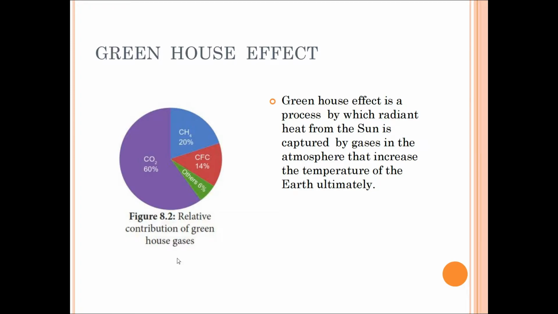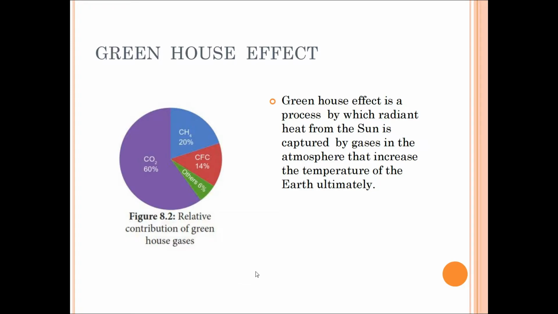All the radiation of the sun hits the earth's surface and has to escape into space. Instead of escaping into space, these greenhouse gases like carbon dioxide, methane, chlorofluorocarbon, nitrous oxide, etc. will absorb this radiation and reflect it back to the earth's surface, causing global warming.